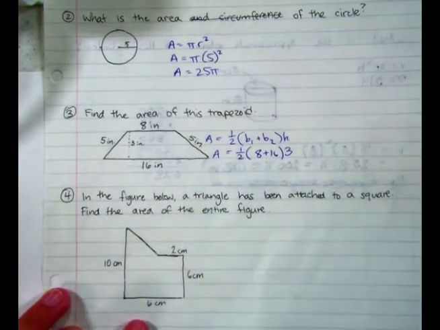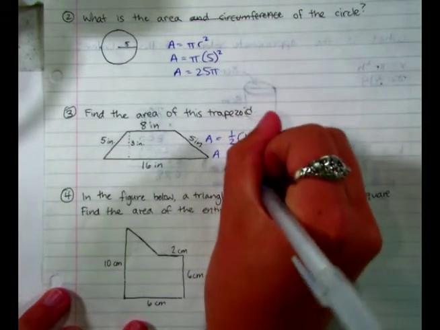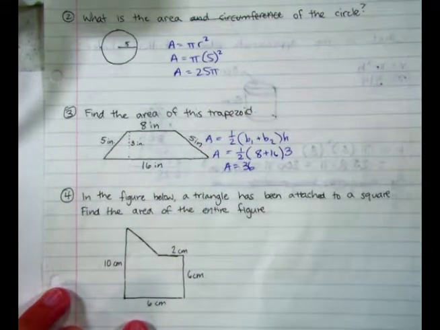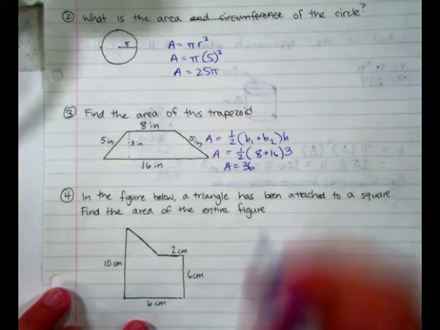Okay, and that comes out to be 16 plus 8 is 24 divided by 2. 12 times 3. 36? Yeah, 36. And then what would be our units? Inches squared. Yeah, perfect.